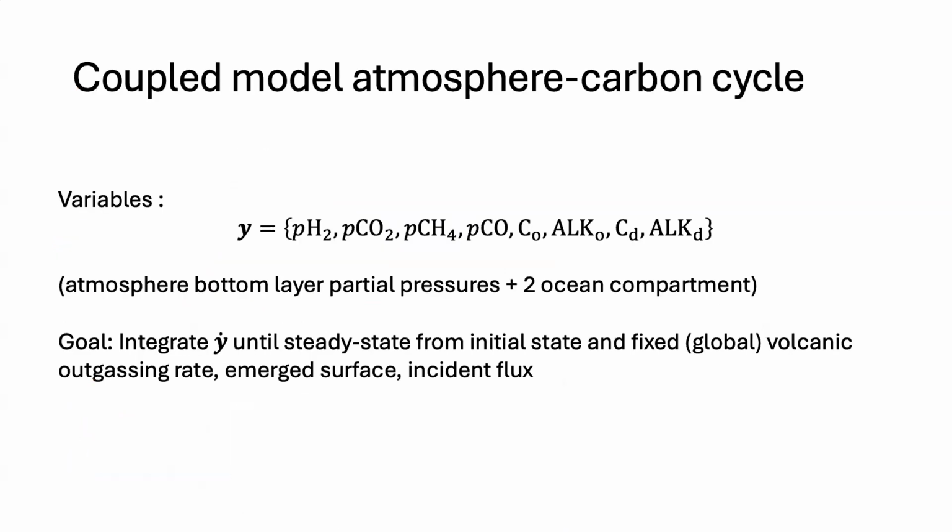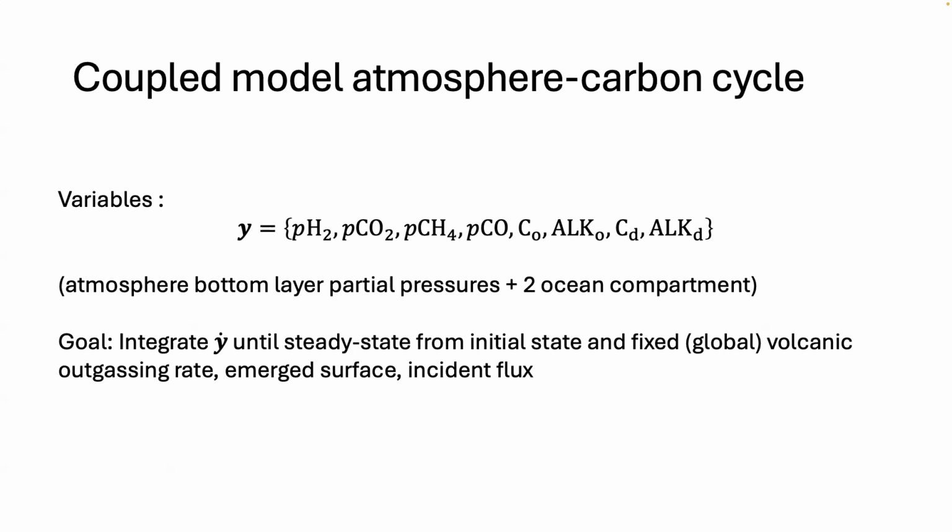And now on these different planetary scenarios, we want to basically integrate that system. We have a set of variables: a bunch of molecules in the atmosphere, H2, CO2, CH4, and we also have CO. And then we have these variables here that are ocean concentrations. So C is total dissolved carbon, DIC would be also another name for it.